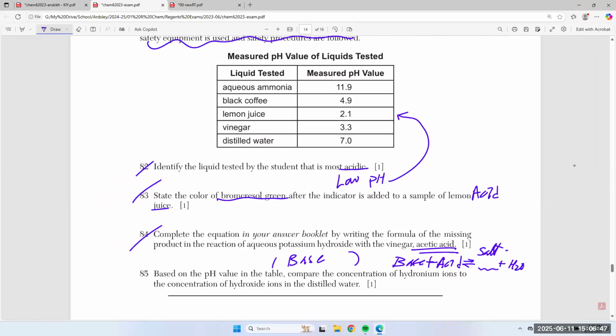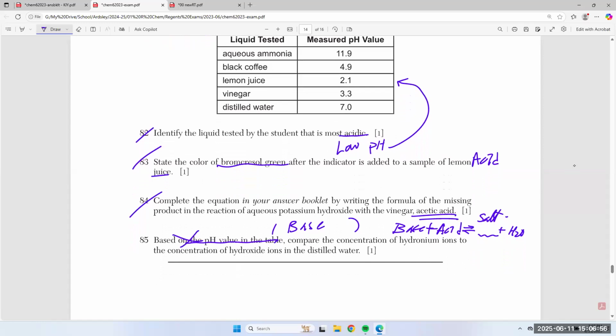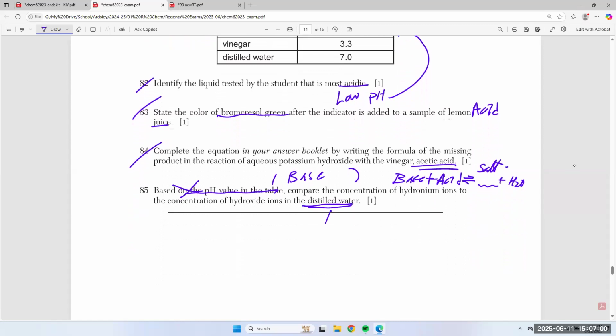That's a trap. They're trying to confuse you. You don't need to do that. They're looking at distilled water. Is it acidic or basic? It's neither. It's neutral. If it's neutral, what is the pH?